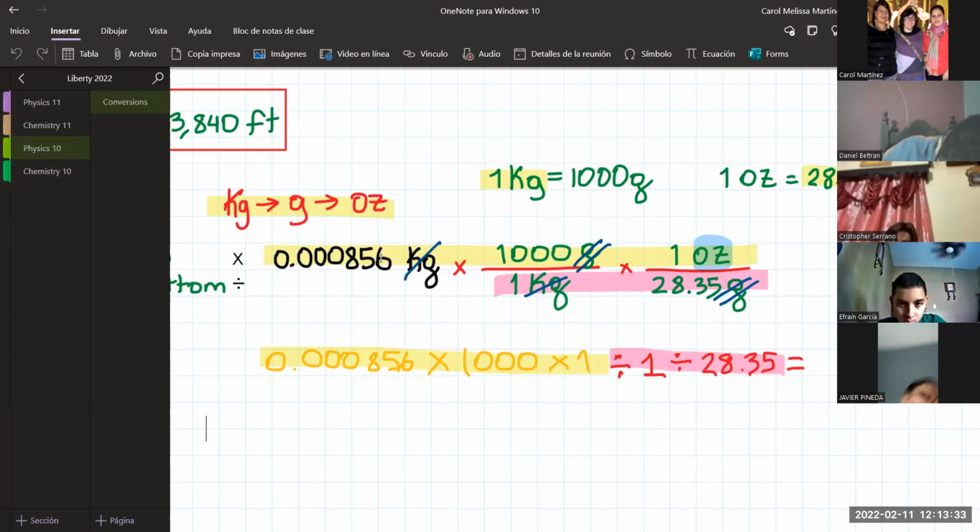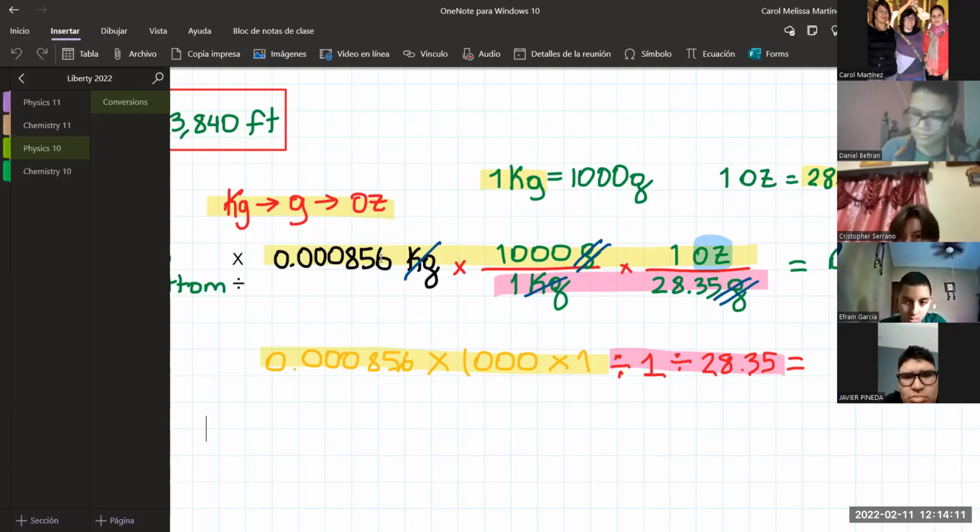How much did you get in your calculator? 0.030. Okay, two numbers after the decimal point is going to be equal to 0.30.